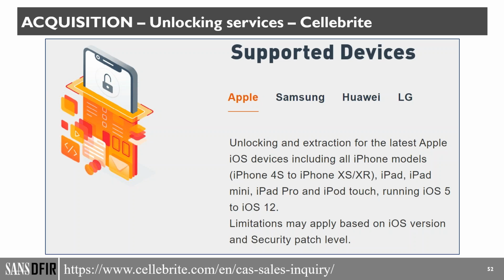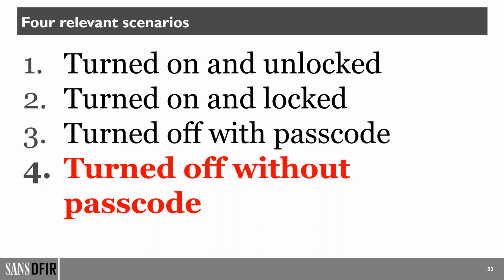So it's always better, if you're in law enforcement, to get in contact with Cellebrite or Grayshift or other companies. These are the two companies I know, but maybe there are others. Get in contact with them to see if the specific configuration of hardware and software is something that they can manage.